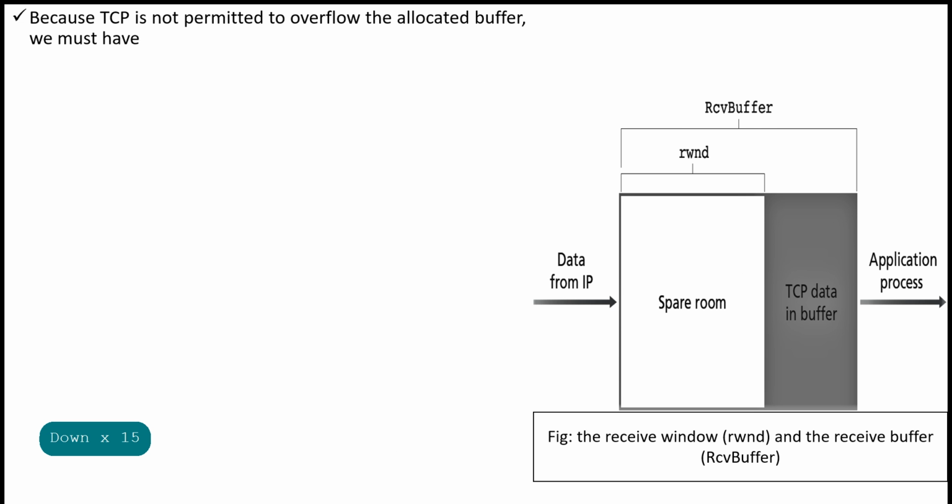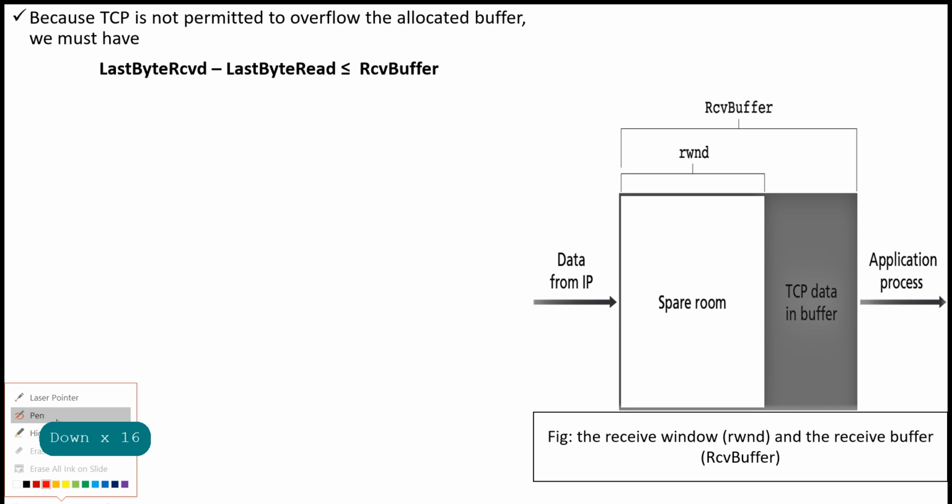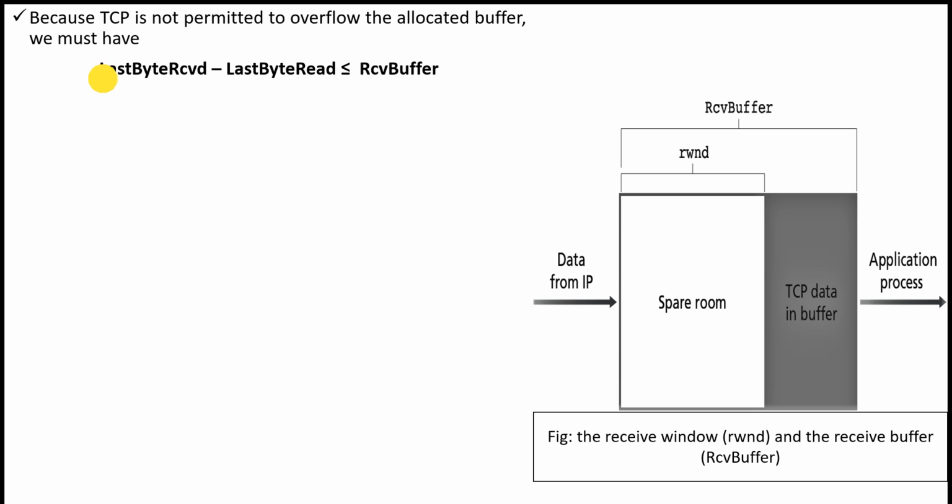Because TCP is not permitted to overflow the allocated buffer, we must have last byte received minus last byte read less than or equal to receive buffer.